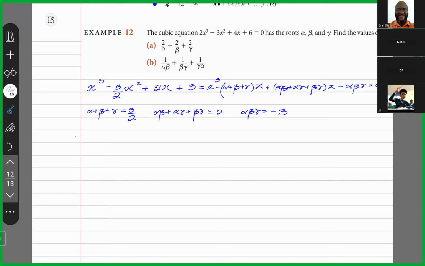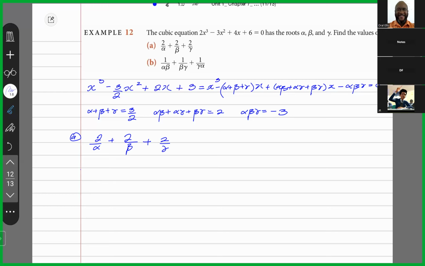Then we can get to A, which is to find the value of 2 over alpha plus 2 over beta plus 2 over gamma. Let's find the LCM. The LCM is alpha beta gamma. Alpha into alpha beta gamma is beta gamma, times 2.